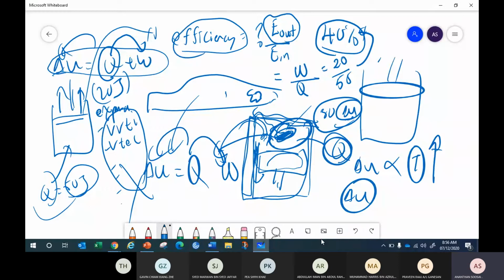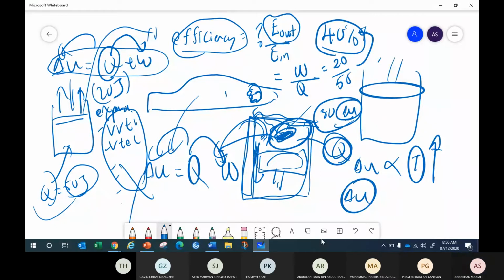I believe maybe some of you are interested in cars, automobiles. What is the efficiency of the car engine currently? Anyone? The combustion engine. What is the efficiency of your car engine now?